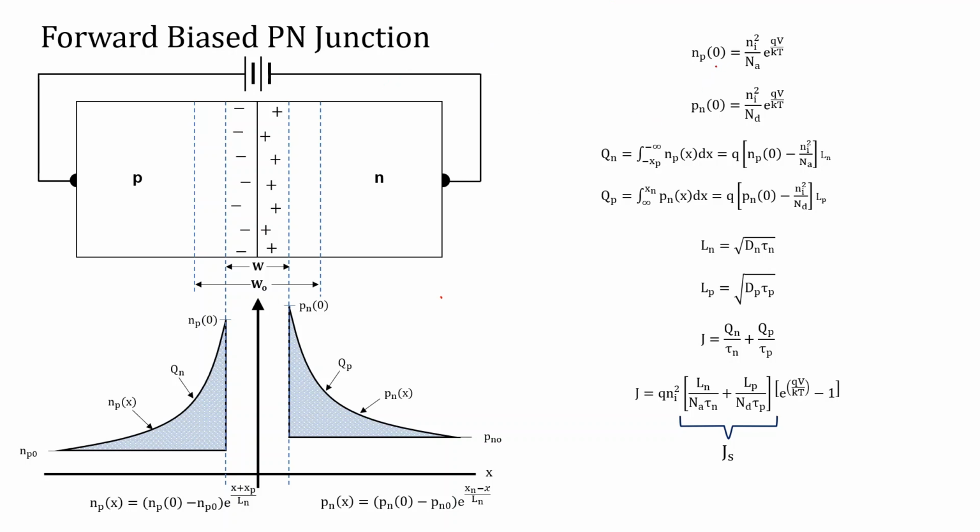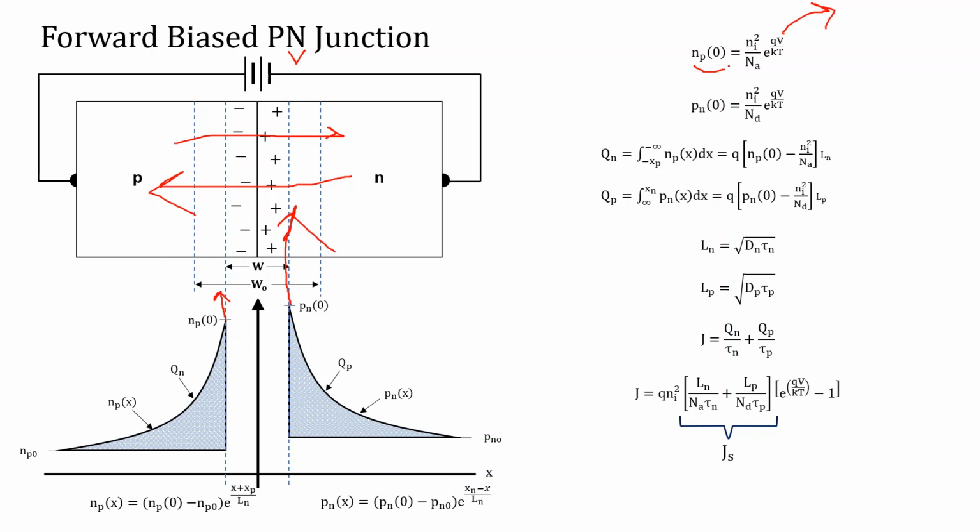Now this NP0 depends on many factors. It depends on how much voltage you have applied. So naturally, if this voltage V is more, more number of holes will reach here, so this value will be higher. Similarly, more number of electrons will reach the p-type region, and this value will be higher.